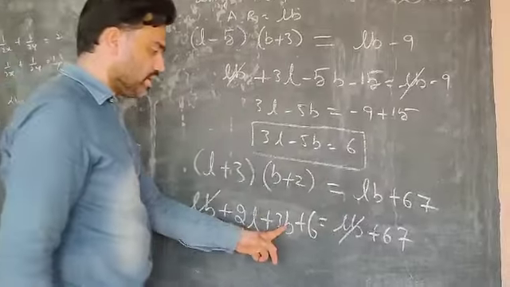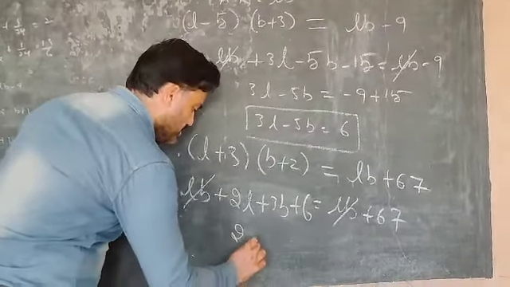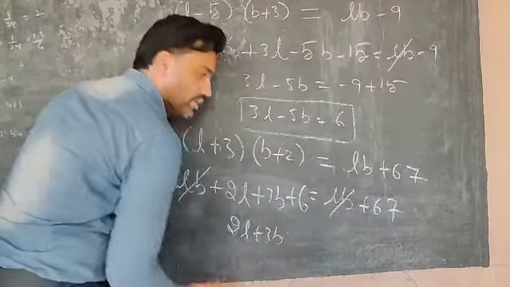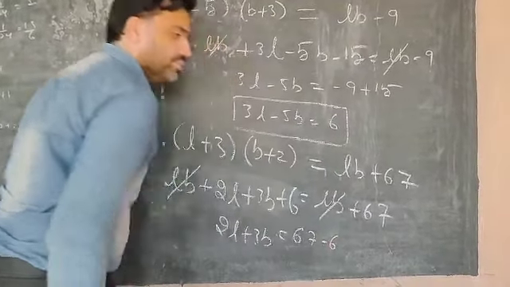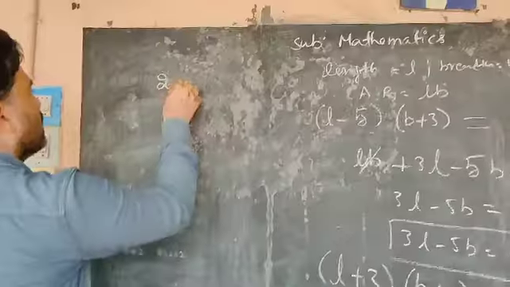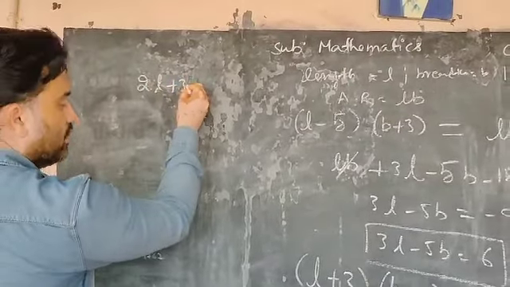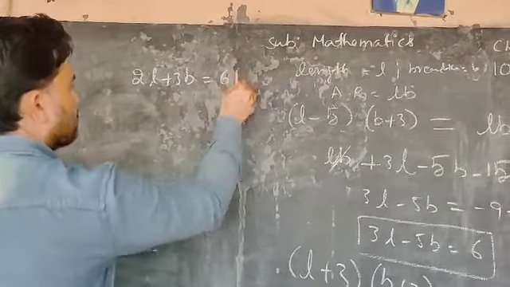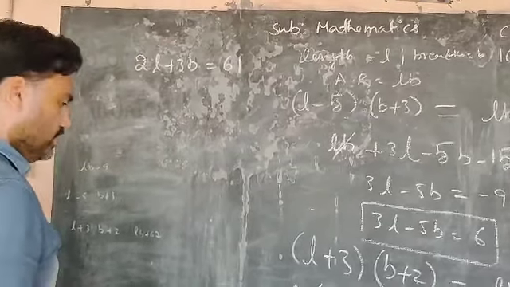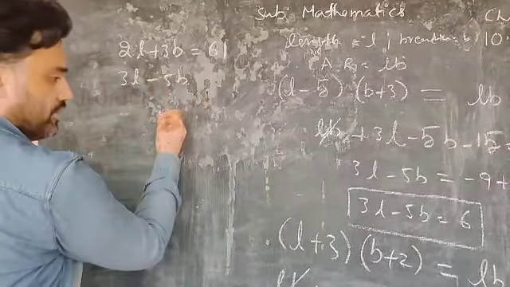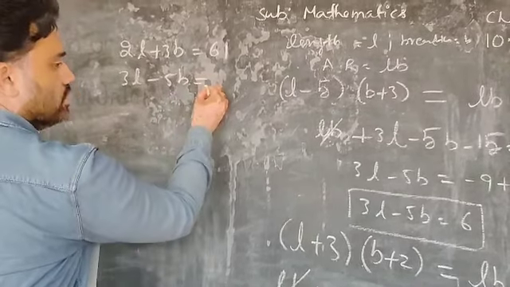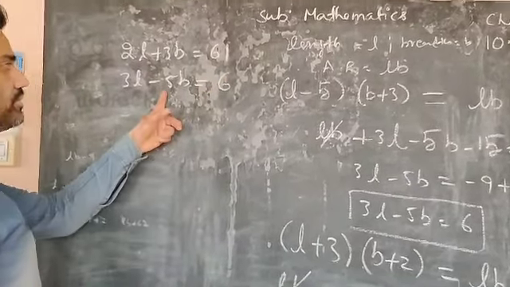So 2L plus 3B, send 6 to that side, 67 minus 6. Okay, so then you will get 2L plus 3B is equal to 61. Okay. Next 3L minus 5B is equal to 6. This is the first equation.